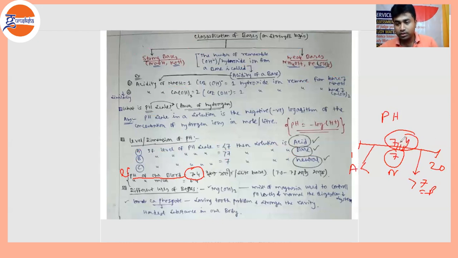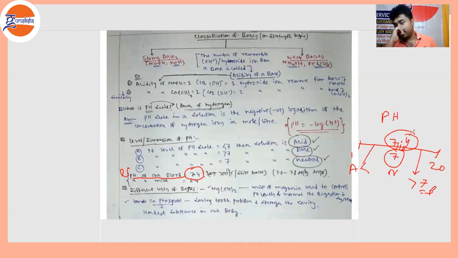So with a value of 7 point something, no one can say it is acid, and no one can say it is base. It is almost a neutral portion, almost 7, but due to the fraction 0.4, the value has increased in the base direction, so it is called a little bit base. That means it is a slight base.